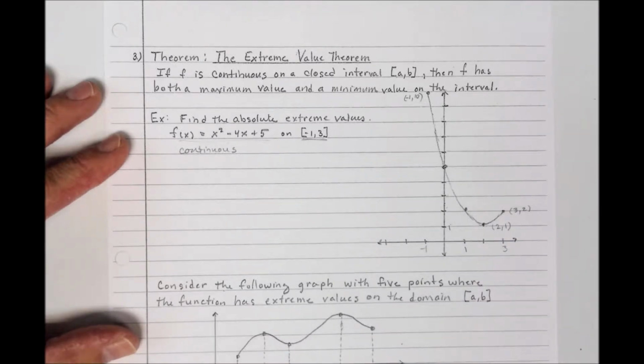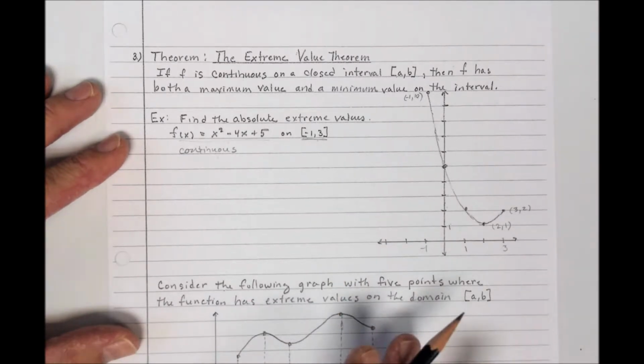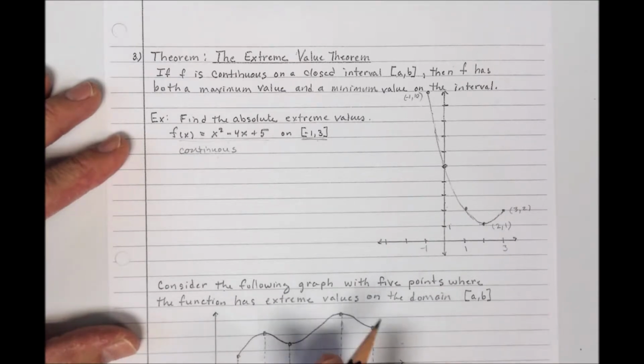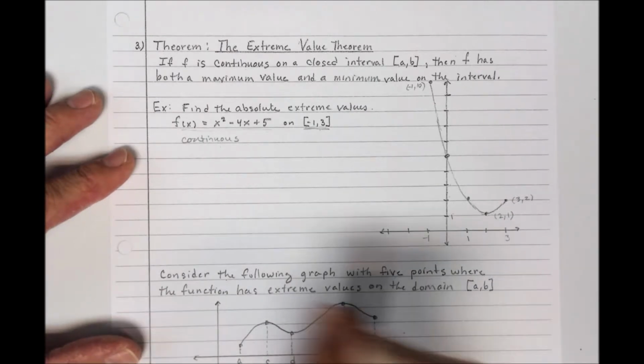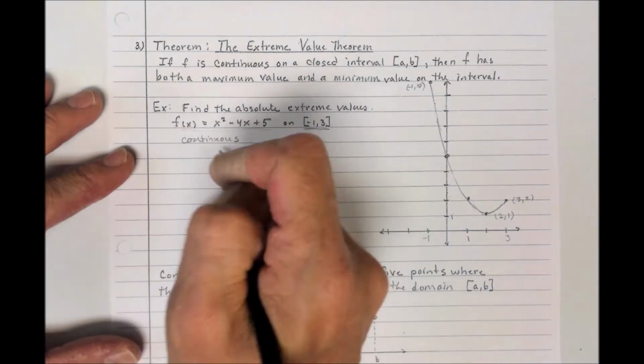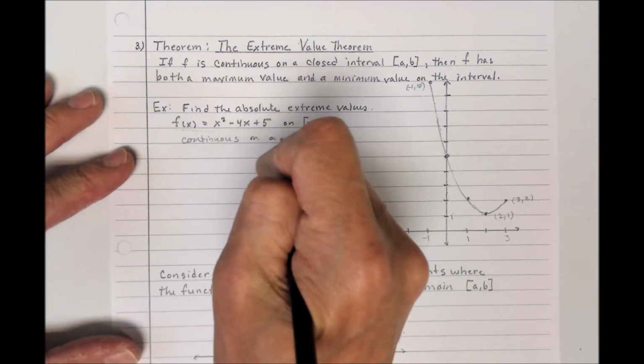So if I want to find the absolute extreme values, I have a closed interval, I have a continuous function, they exist. Now, at this point, we're going to use the graph to help us. But very soon, I'm going to show you how you can use the derivative of the function to find these values. We won't even need a graph, but we'll need one for right now. So I have a continuous function on a closed interval.